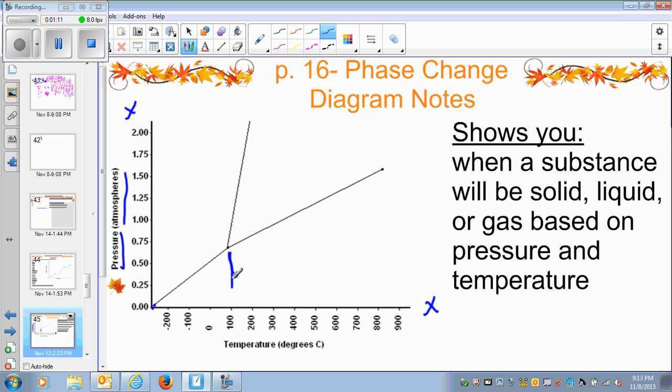I hope I can draw a straight line. So it's negative 200 and you're going up, it's 0 right here, and then it starts going positive. So I'm increasing the temperature, and at the same time I'm increasing the pressure.